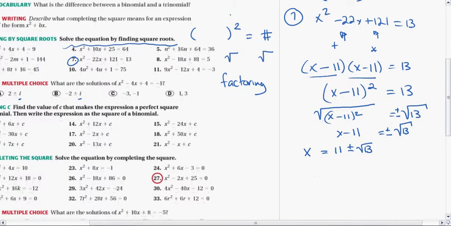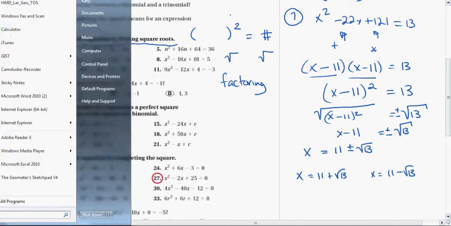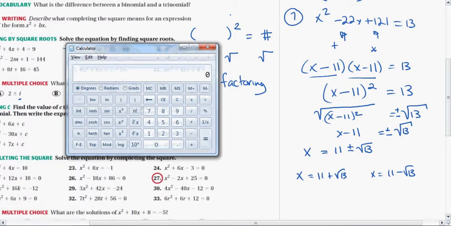Now I can leave this just as it is, those two answers, x equals 11 plus the square root of 13, or x equals 11 minus the square root of 13, or I can approximate things if I punch the square root of 13 into a calculator. So let's see, the square root of 13 is about 3.6.